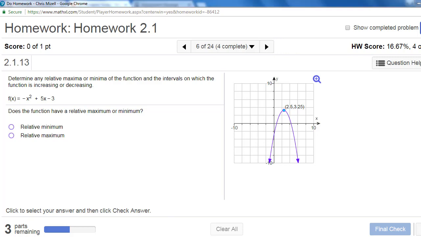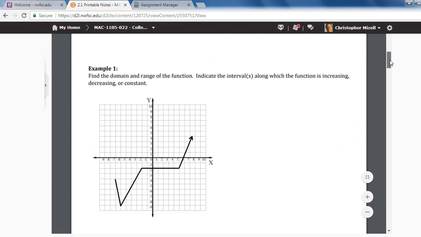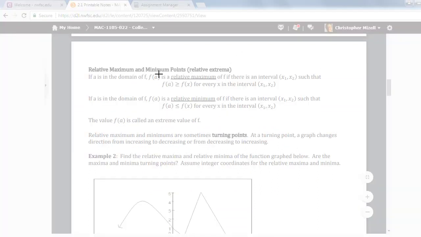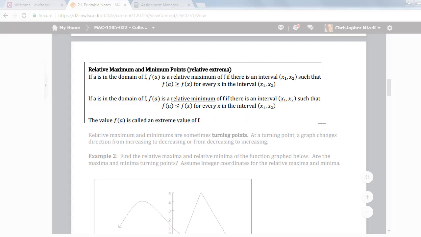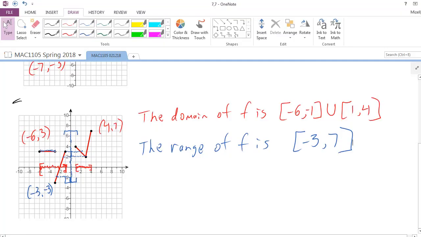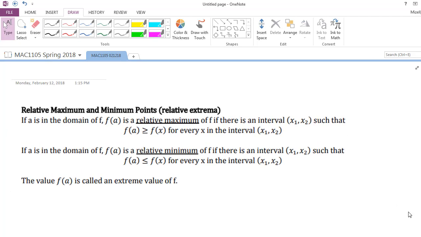Let's go back to the notes for the definition of relative minimum and relative maximum points and relative extrema, extreme values. I'll draw some pictures that go with these, hopefully to give a decent idea of what we're talking about here.